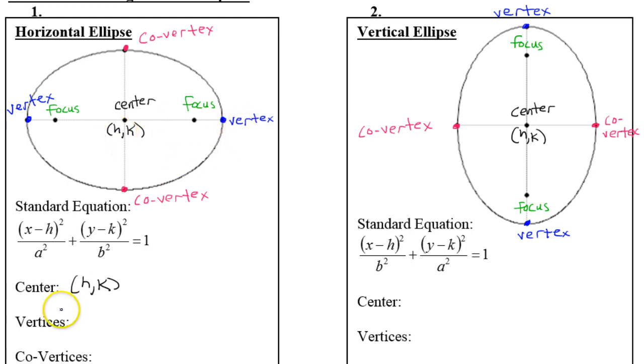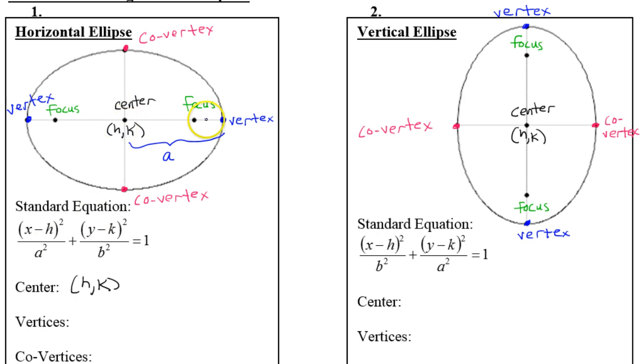I can make expressions for the vertices even if I don't have actual numbers for h and k. What you have to understand is this distance right here from the center out to a vertex is called a. The same a we talk about when I say a squared.